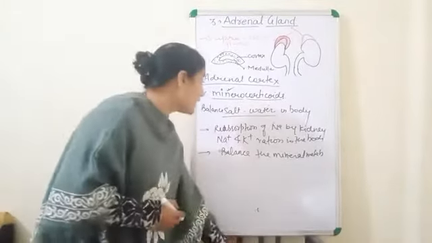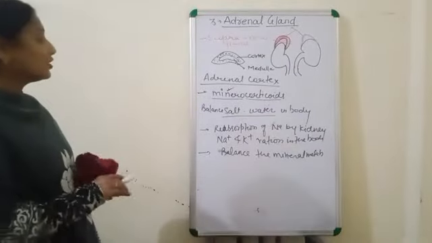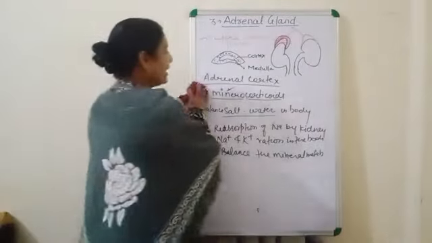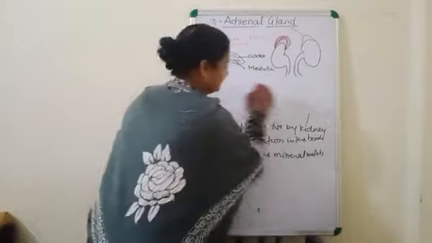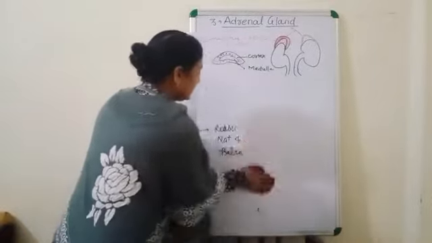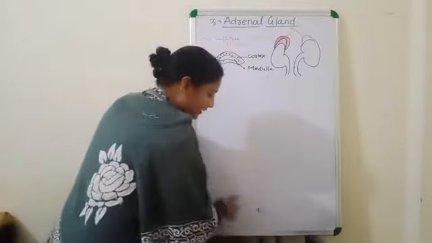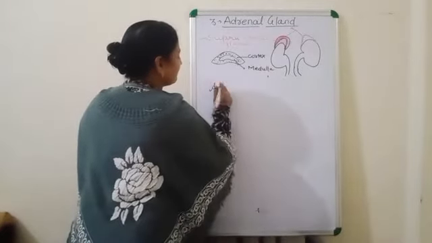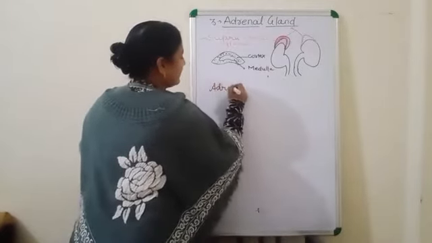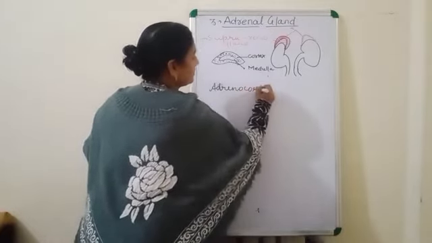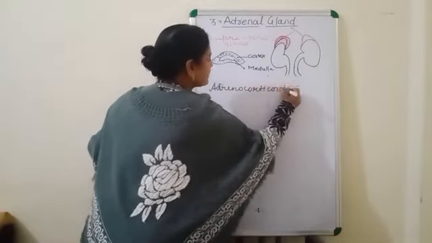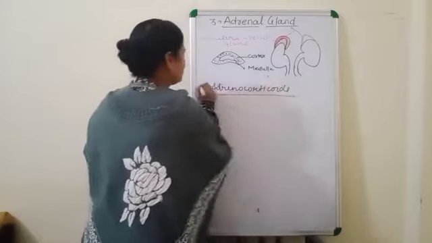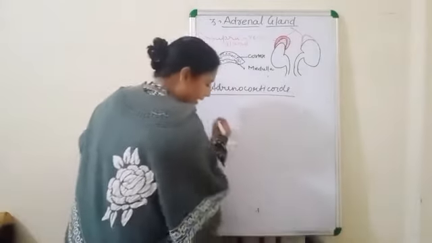So this is all about the function of mineralocorticoids. Now the last of the cortex is adrenocorticoids. Now see, what is the function of adrenocorticoids? From the name itself, it is used to manage your sex hormones.